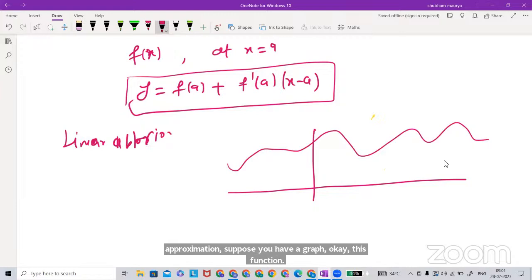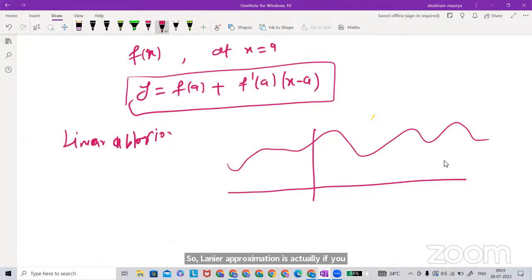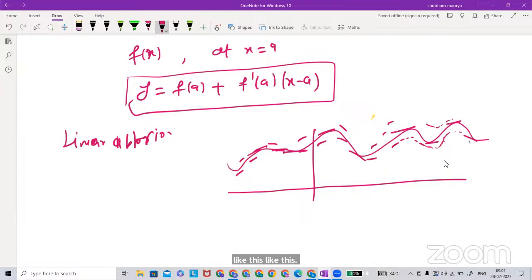If we don't know the function, we only know its linear approximation. We will try to approximate our graph with straight lines, so we see that it is behaving like this, like this. These are our straight lines. So you are approximating the graph of the function. This is the use of linear approximation.